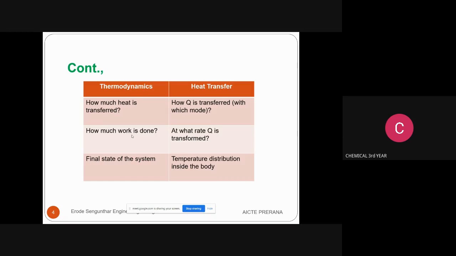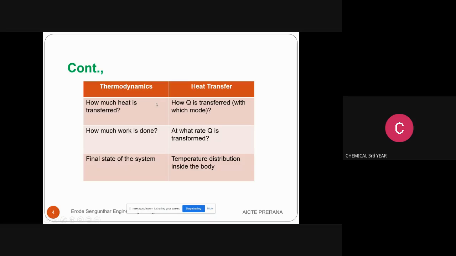So the heat got from one body will definitely be transformed to another form of energy, and we give the conclusion with the help of the work. But in heat transfer, we discuss only the rate of heat and will not go beyond that.